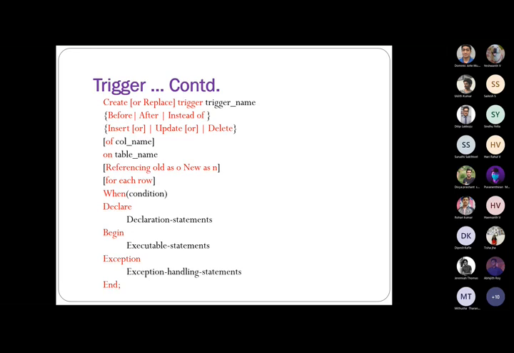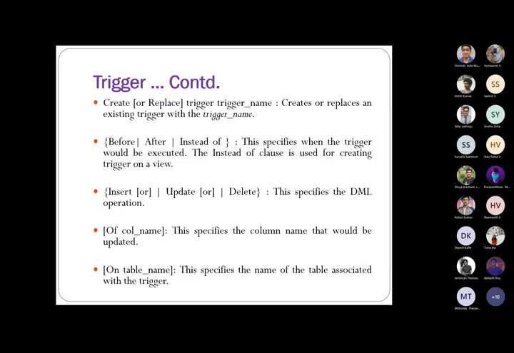It can be created before or after a DML statement, and the instead of clause is used while working with virtual tables or views. Column name denotes the attribute, and table name specifies the table associated with the trigger.